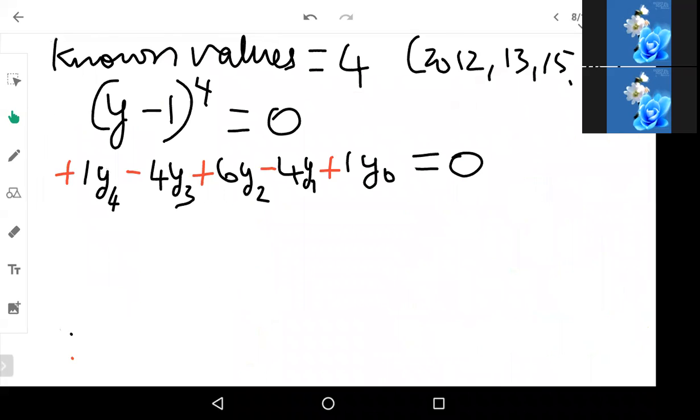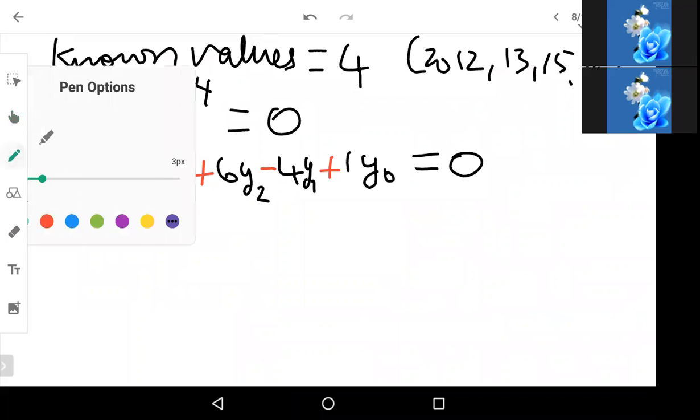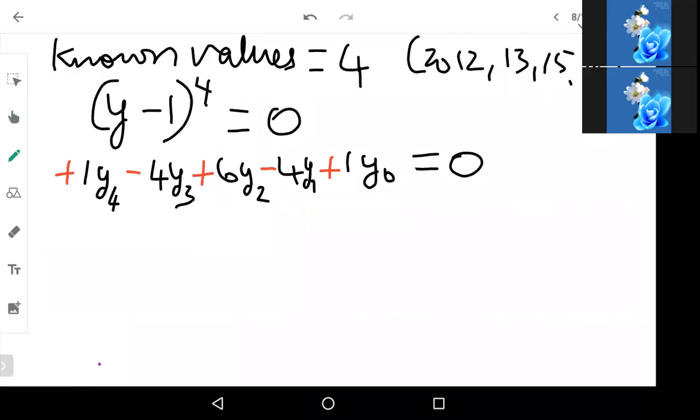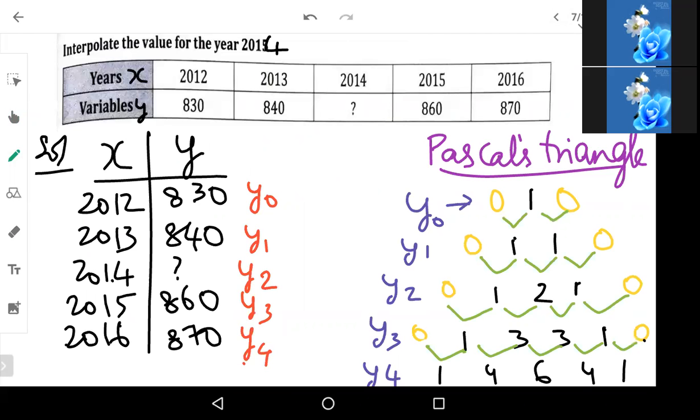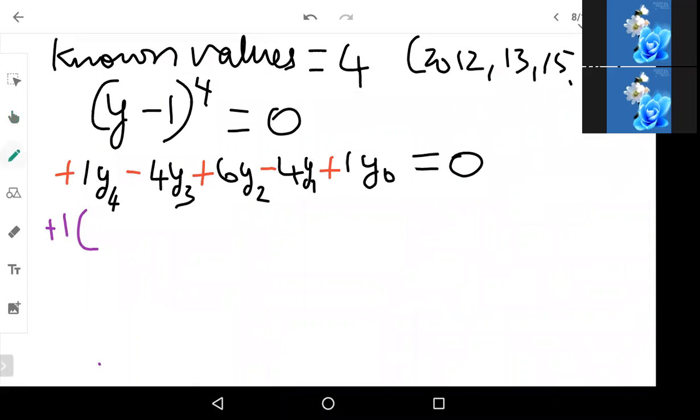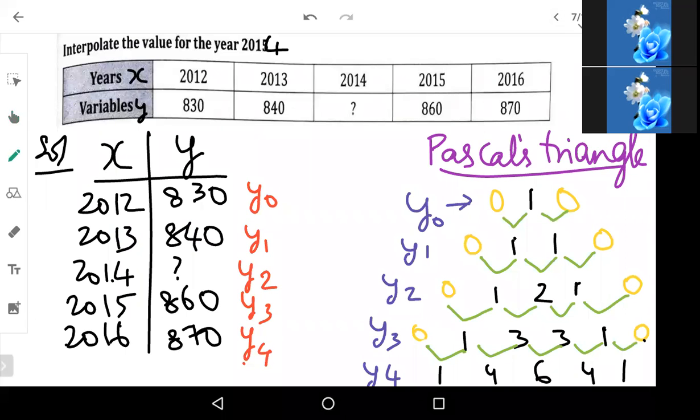Now let us expand. In the place of y4, plus 1 into, what number do you have? y4 is 870. Correct? So in the place of y4, I will write 870. Then minus 4 into, in the place of y3, what do you have?